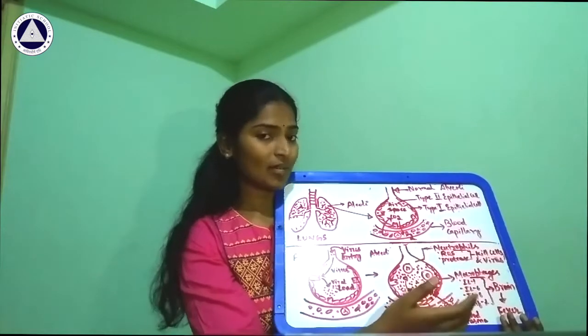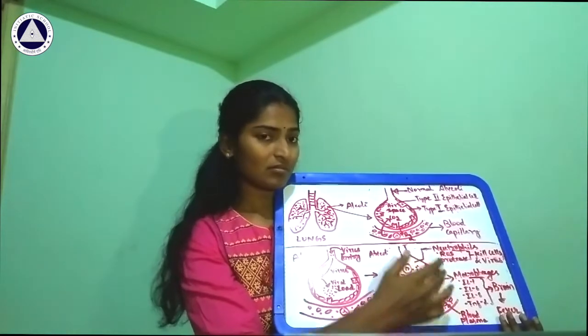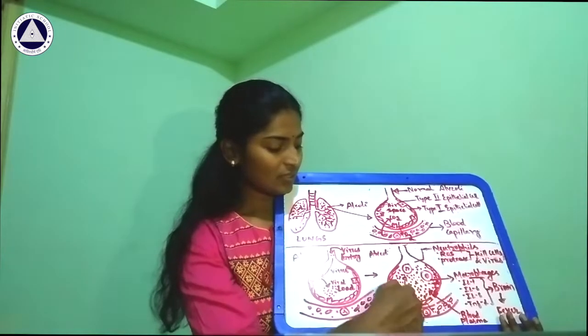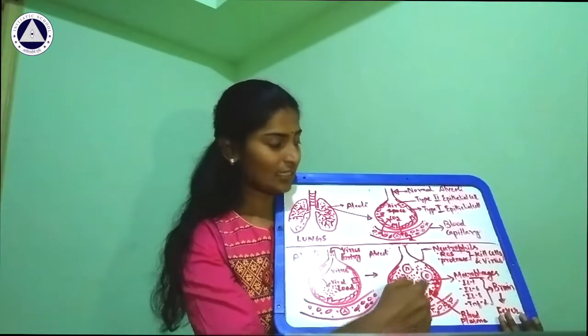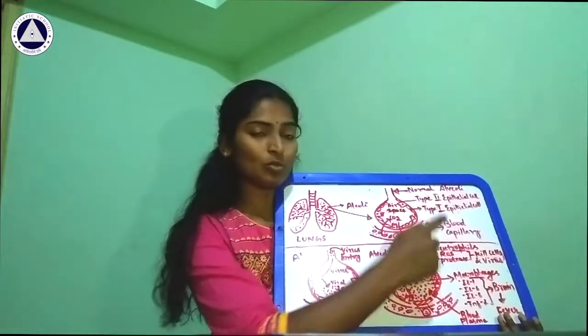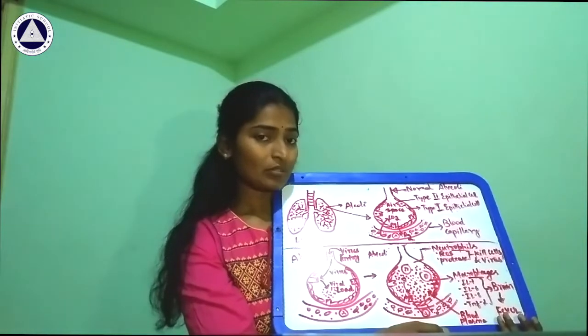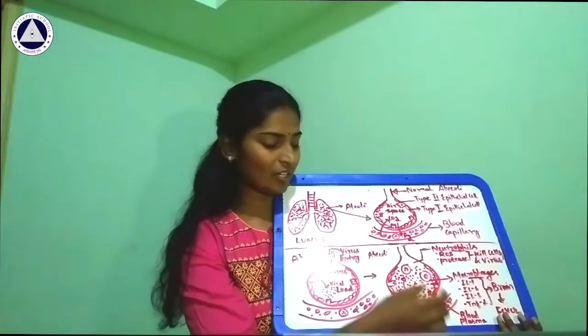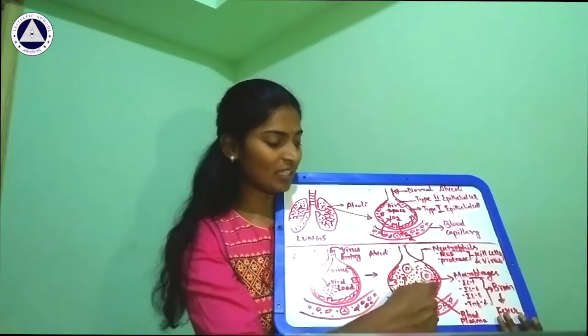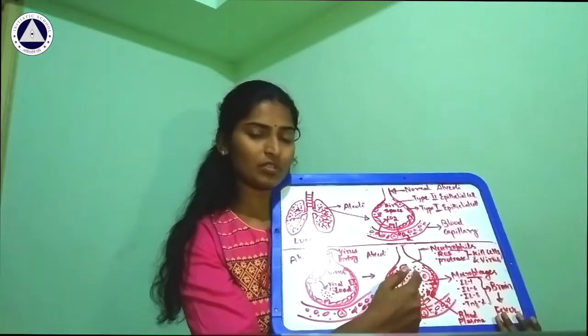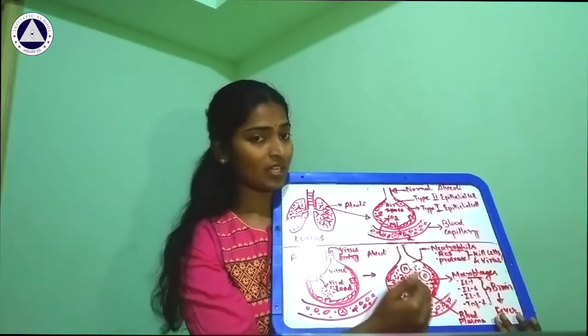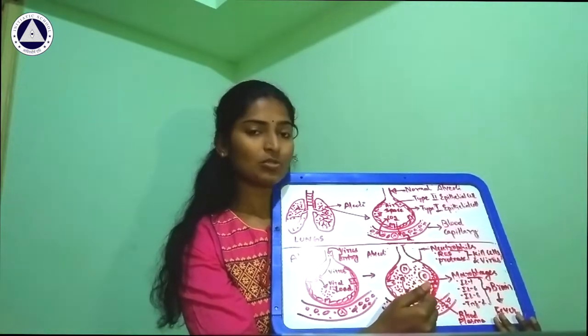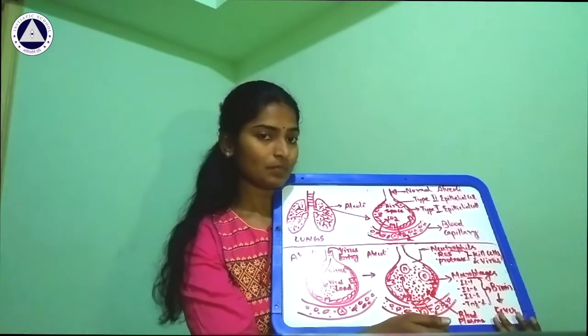While trying to kill the virus, they also mistakenly kill the healthy cells, that is type 1 epithelial cells and type 2 epithelial cells. So as a result, there is a lot of cell damage and cell death happening, and all that starts accumulating in the central region of the alveolus. So now again the oxygen movement into the blood has been hampered.